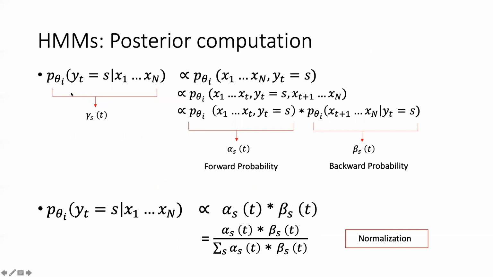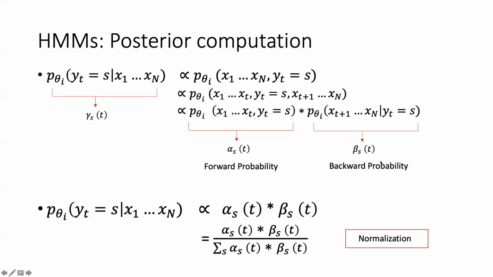The posterior p theta I of y being in the state s given the observation sequence is proportional to the joint distribution, and we can rearrange the terms here. Remember, we defined alpha and beta parameters as forward and backward probabilities.